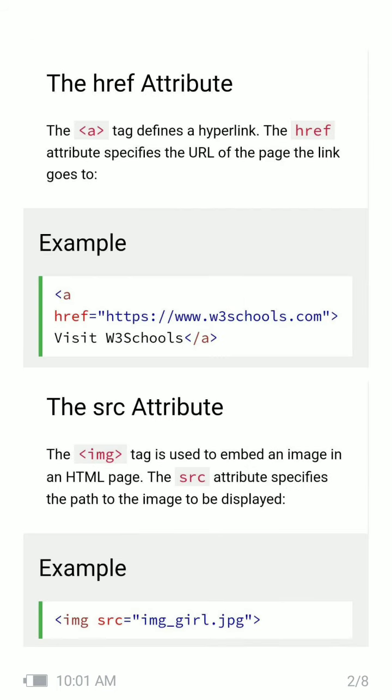Here you can see that I have taken two tags, the a tag and the img tag. The a tag means anchor tag, which is used to link from one page to another page. The attribute of the a tag, which means anchor tag, is href.